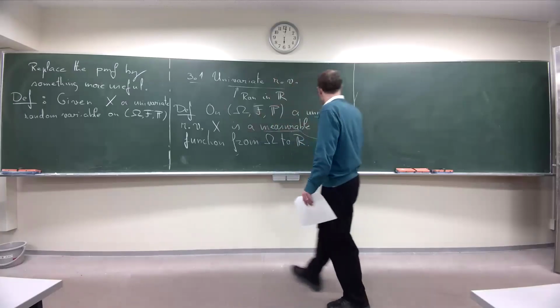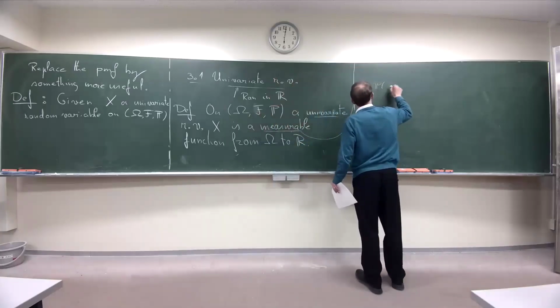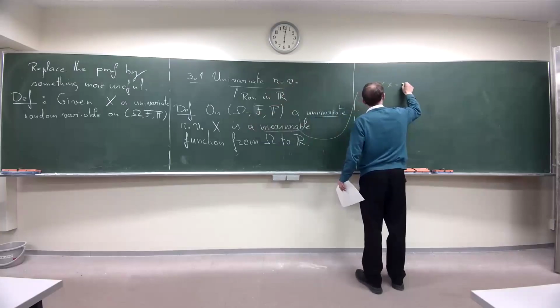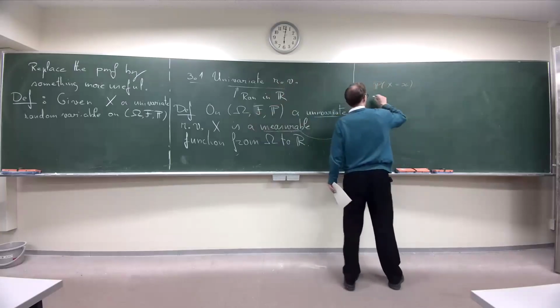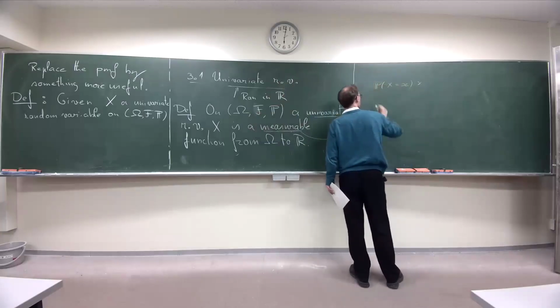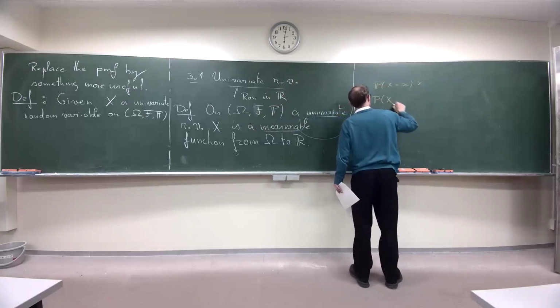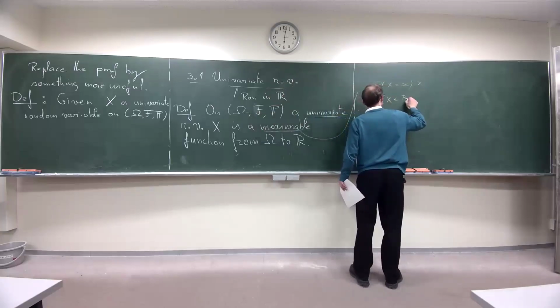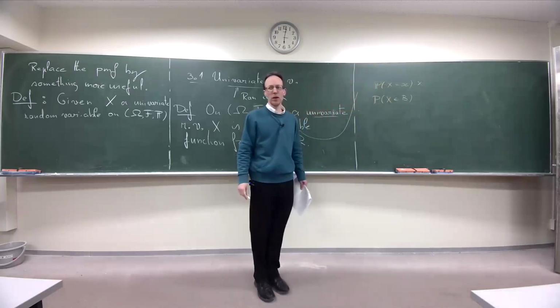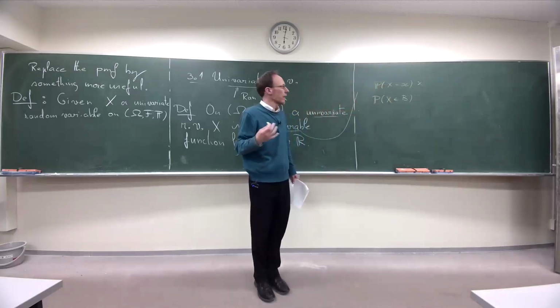So I cannot write P, the probability of having this point exactly at X. On the other hand, it's usually meaningless. On the other hand, I can write the probability that my point is in a small box. I just denote by B a small box. So this is a natural concept when you have a continuum.